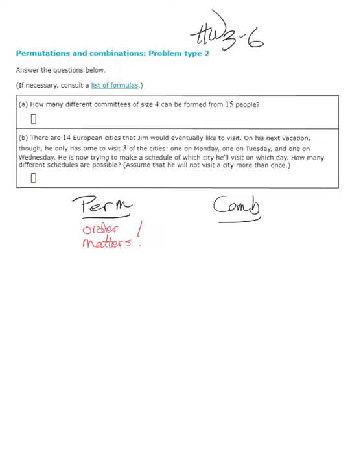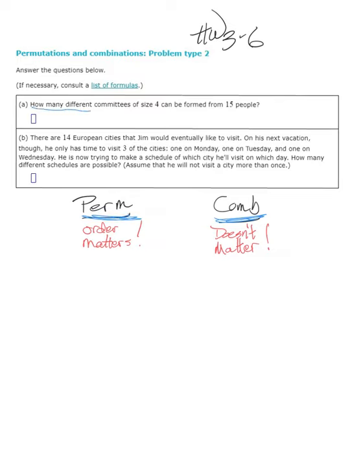Matters. Doesn't matter for combination. Again, it should be called a permutation lock instead of a combination lock. So in these problems, you're going to have to pick whether order matters or doesn't, to determine which one of these you use. Are you talking about a combination or a permutation?